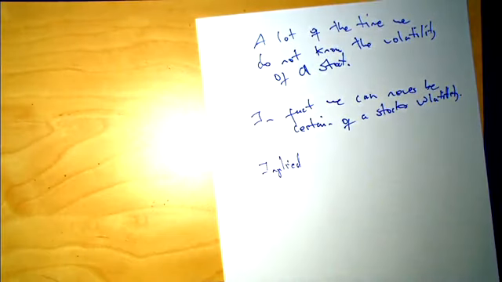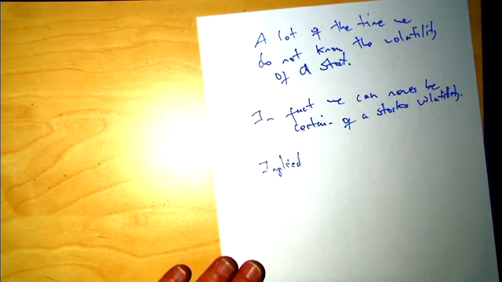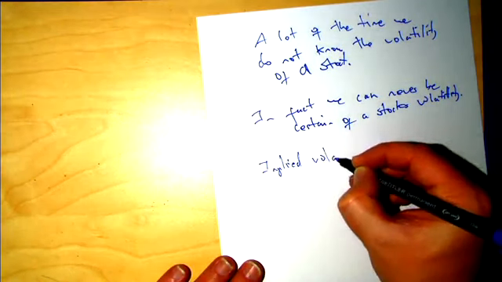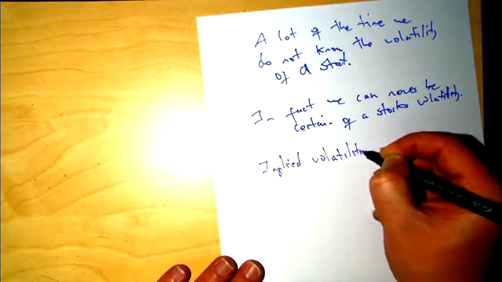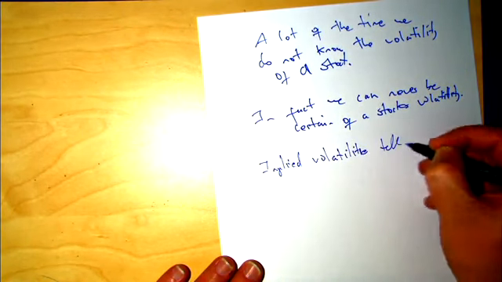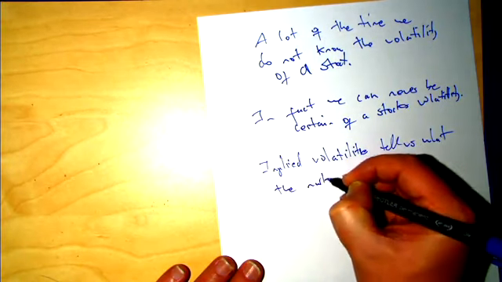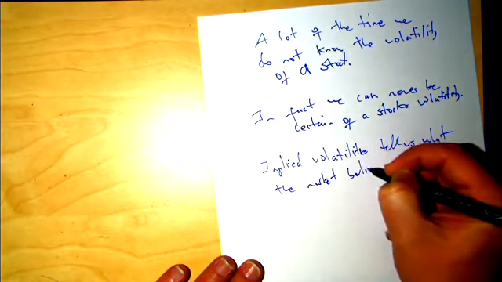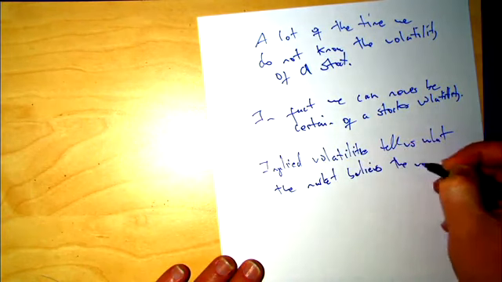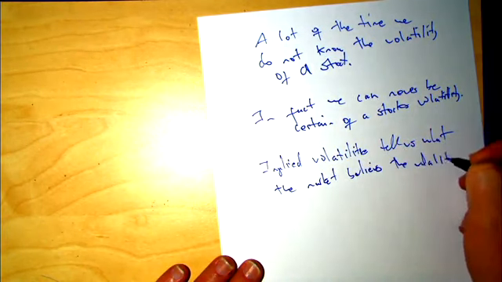And that gives me what the market thinks. And remember, we all believe that markets are efficient. So hopefully it's a better guess of what volatility or risk is going to be like. So implied volatilities tell us what the market believes the volatility of a stock is.